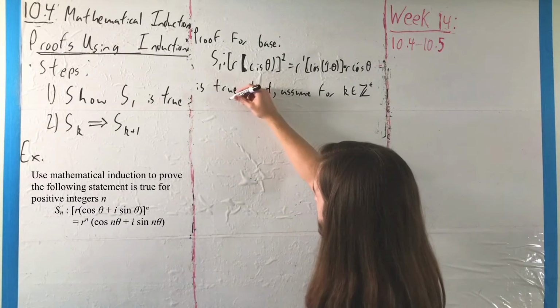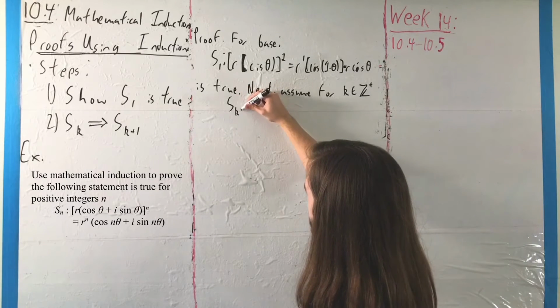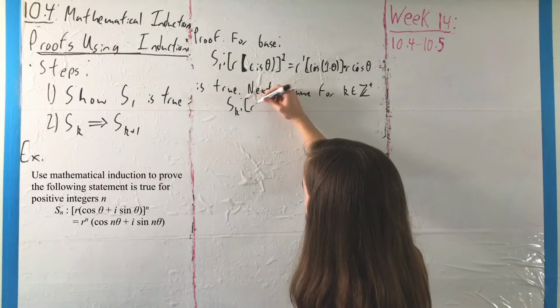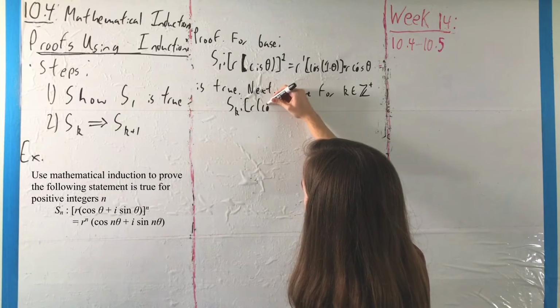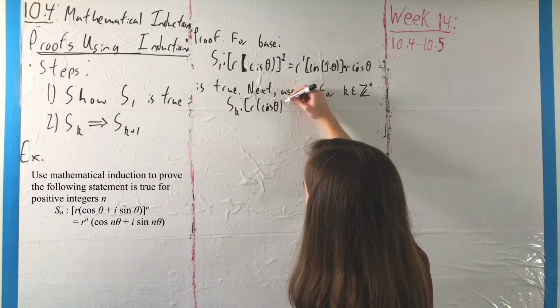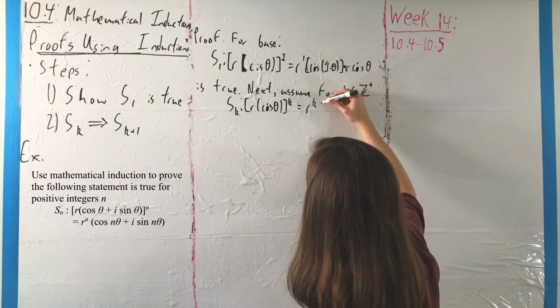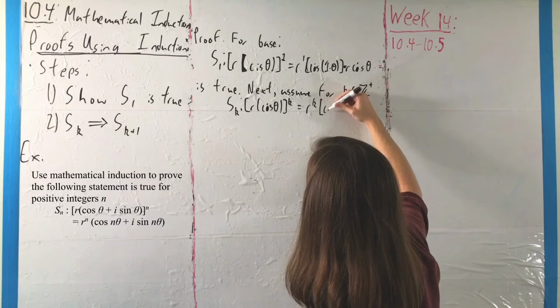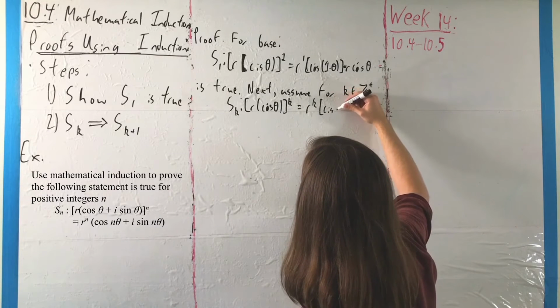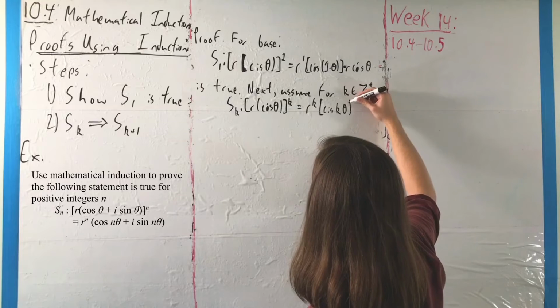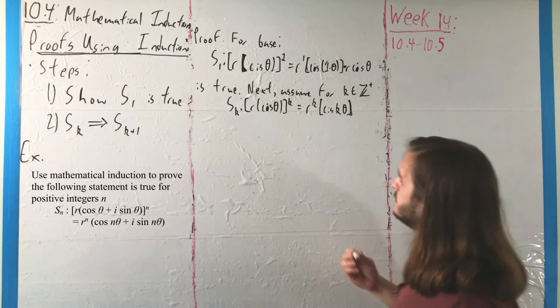We have that Sk is the statement r CIS theta raised to the power k is equal to r to the k times CIS of k theta. We assume that this is true.